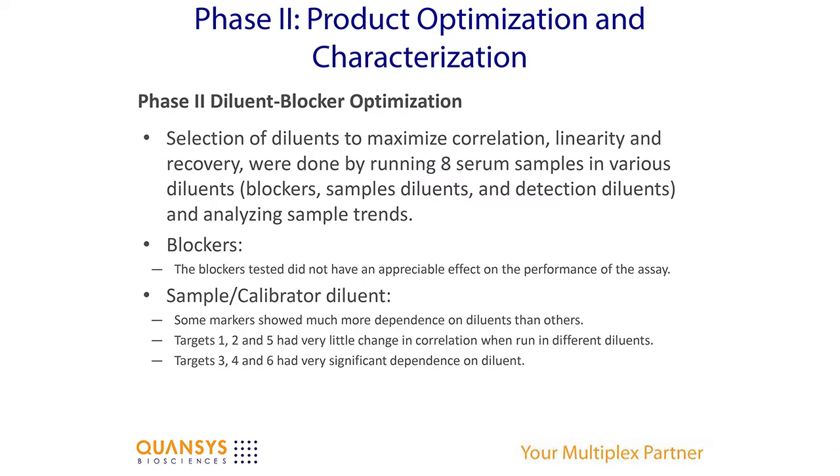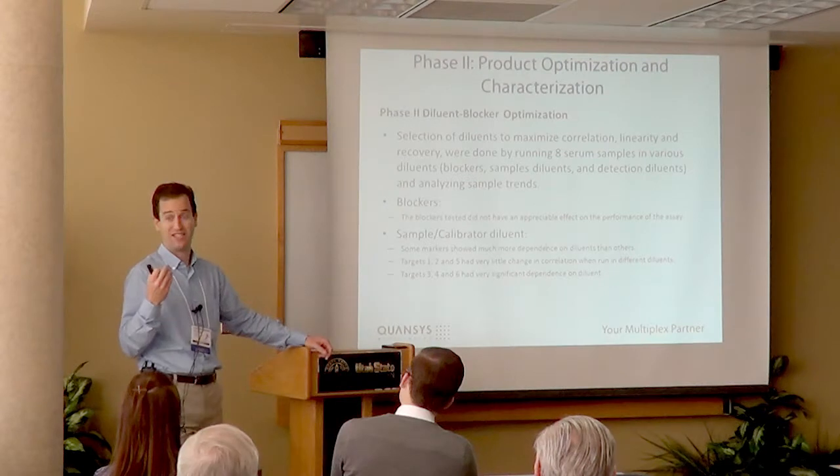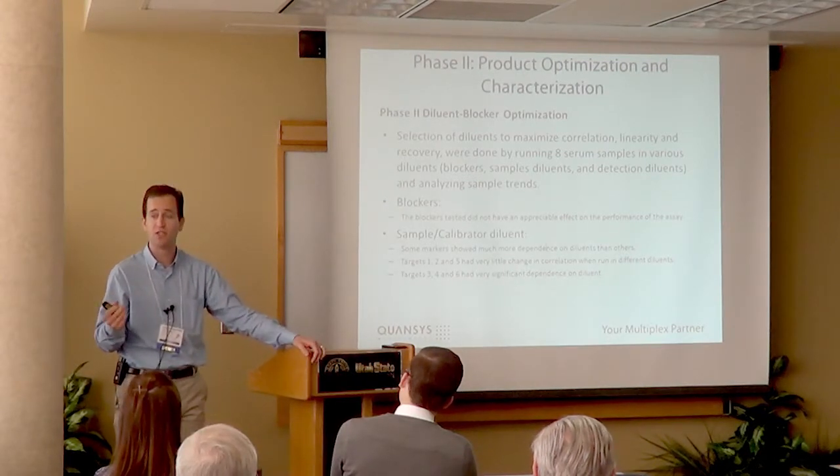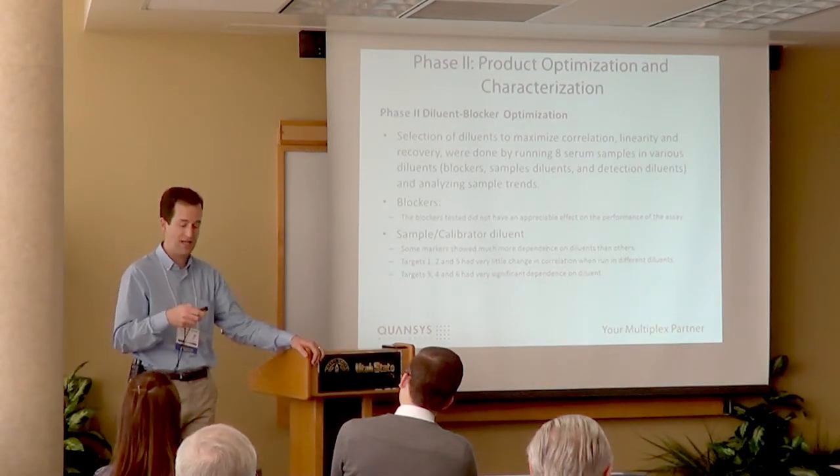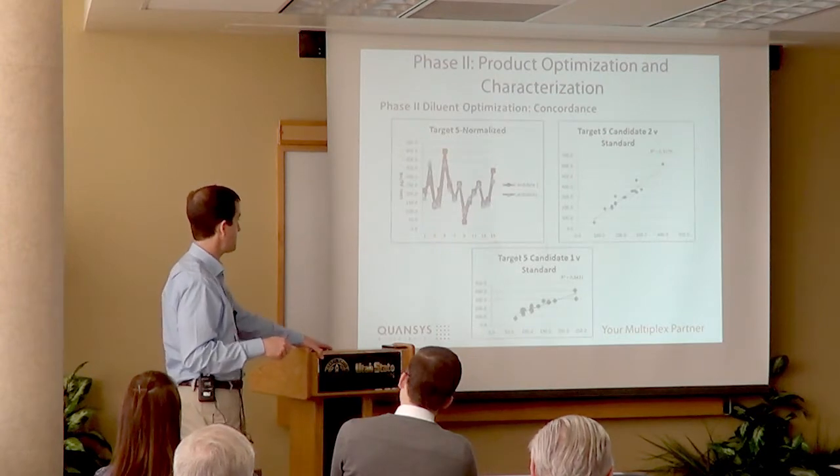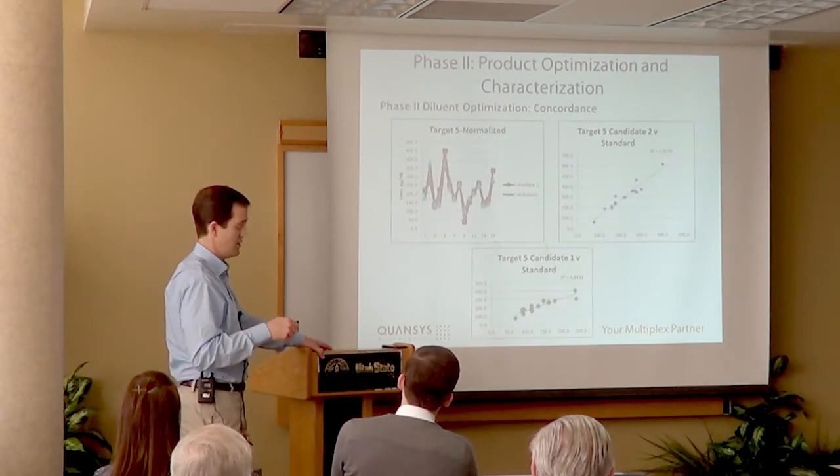However, on the calibrator diluent, it was very, very important which formulation of the diluent we used. Targets 1, 2, and 5 had very little change in correlation with the diluent we used, where targets 3, 4, and 6 had significant changes based on the diluents that we use in terms of concordance and assay performance. And here's the data from that.